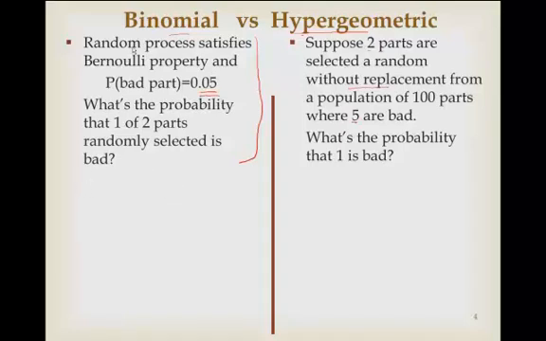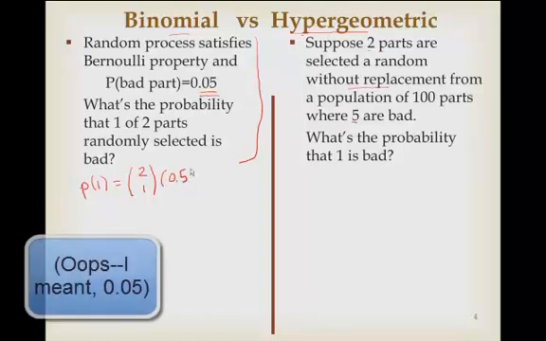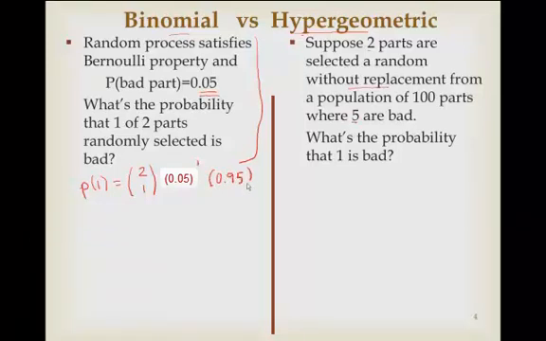In this one, we're going to be using binomial, and we're looking for the probability of one bad part given that our n is 2. In other words, it's going to be 2 choose 1 is our set of combinations, and then 0.05, this is our p raised to the x power, and 0.95 is our q, which is 1 minus p, raised to the n minus x power, which is also 1.